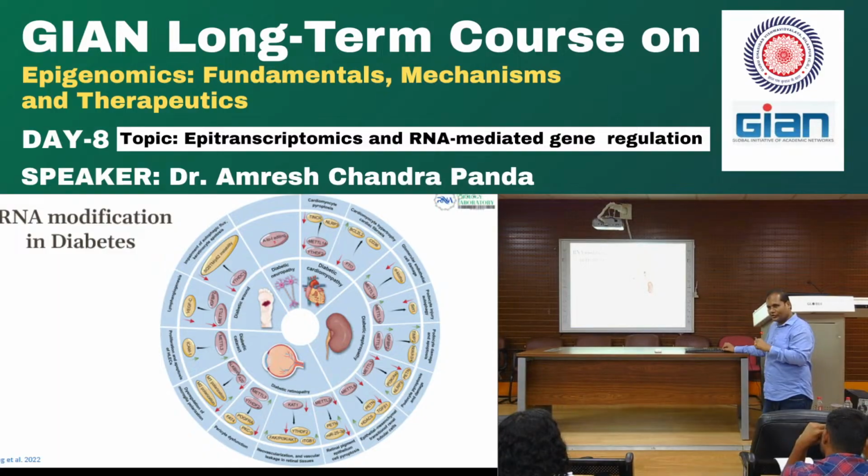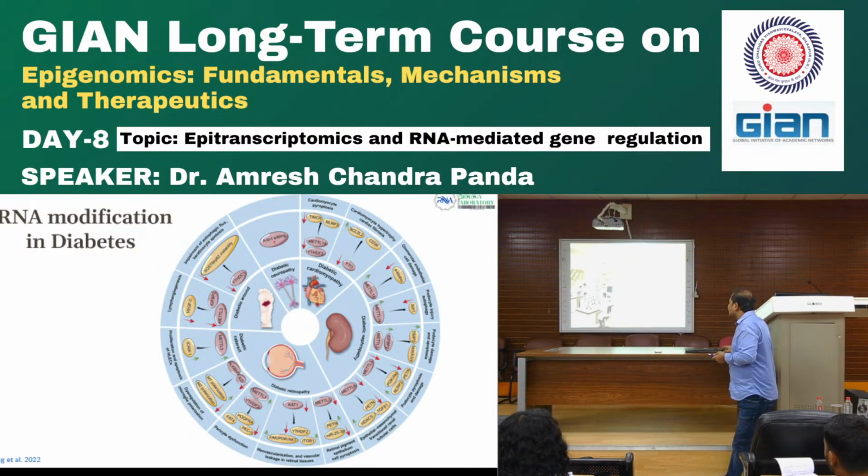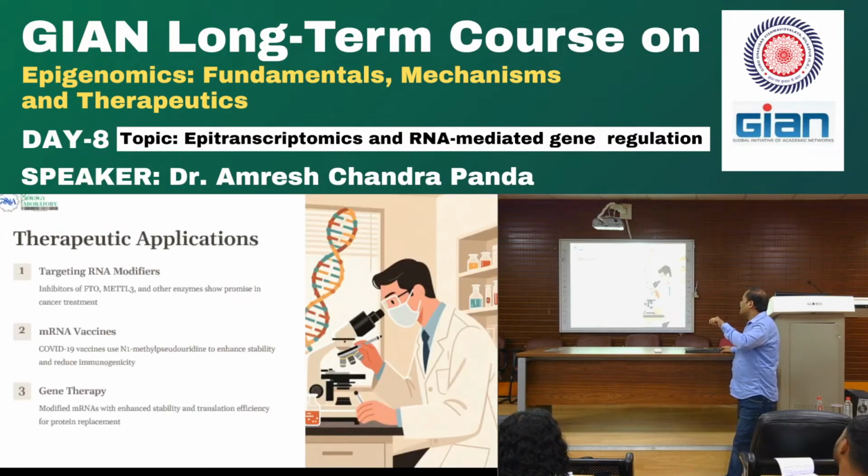We'll not go into the details, but the bottom line is RNA modification can cause disease, and if you can reverse that back by knowing which modification is doing what, you can have a therapeutic application. Okay. And as I said, like mRNA vaccines, if you have modifications that can stabilize the RNA, you can have mRNAs that are stable, right?